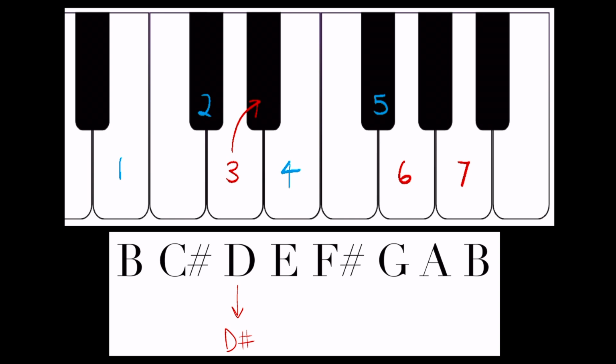We're going to leave our fourth and our fifth alone again. We're going to grab our sixth note, our minor sixth now, which is a G. We're going to raise it up a semitone to become G sharp, our major sixth. We're going to grab our minor seventh, which was an A. We're going to raise that up a semitone to become A sharp. And that's our major seventh.